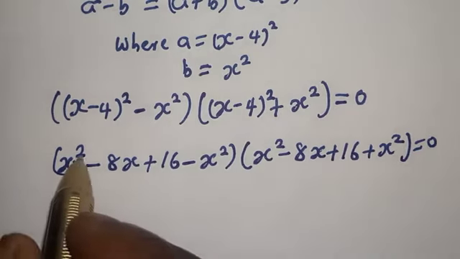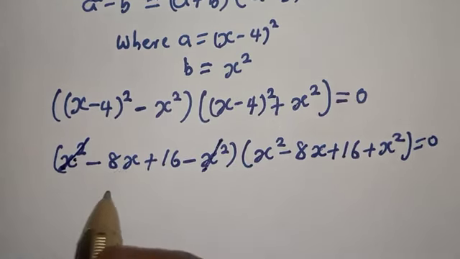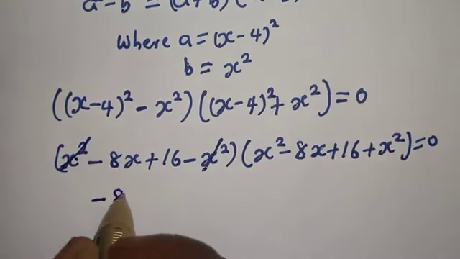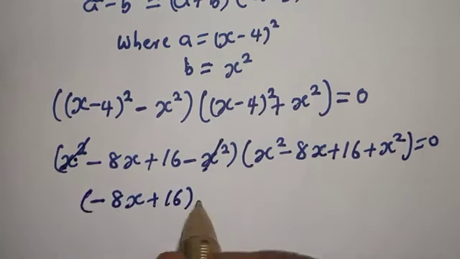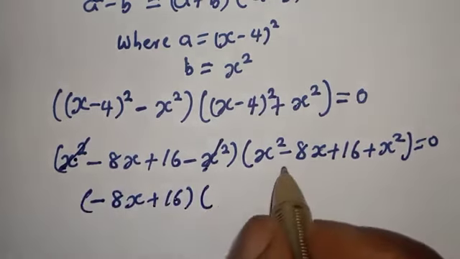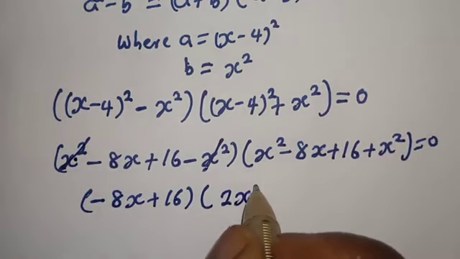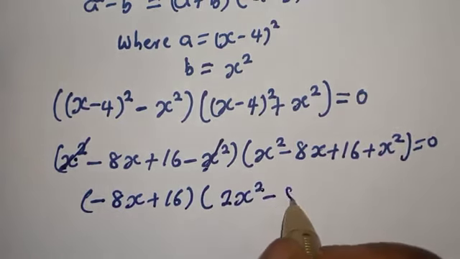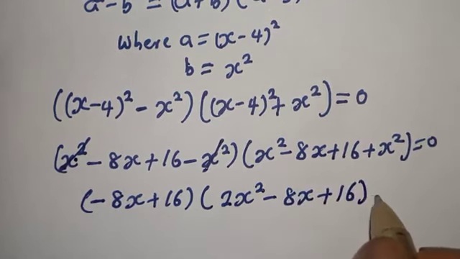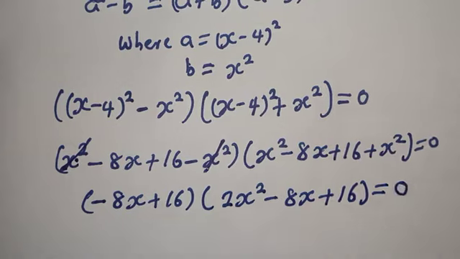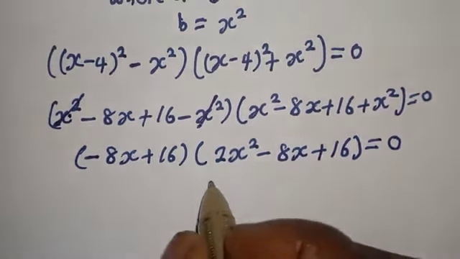Then from here we have s^2 minus s^2. We cancel this. We are left with minus 8s plus 16, multiplied by s^2 plus s^2, that is 2s^2 minus 8s plus 16, is equal to 0. Now there are two cases here.